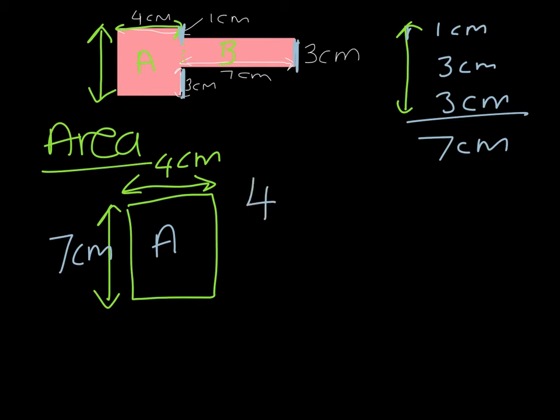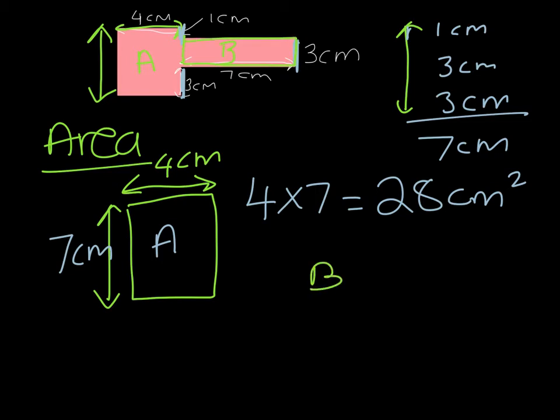Now I have that shape A, I can do the area of that shape. Base times height, 4 times 7, and that's going to give me 28 centimetres squared for that area. Now in the exam that'll be getting your marks. You can then go and have a look at the second shape. So have a look at shape B. Shape B is another rectangle, and let's have a look at what lengths we know. Now we know the base of that one.